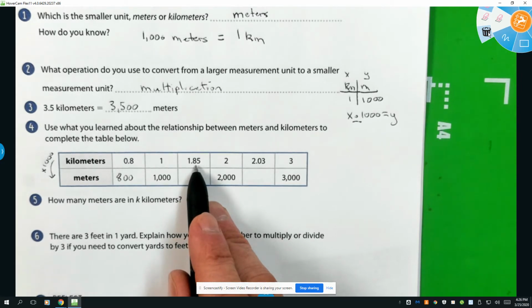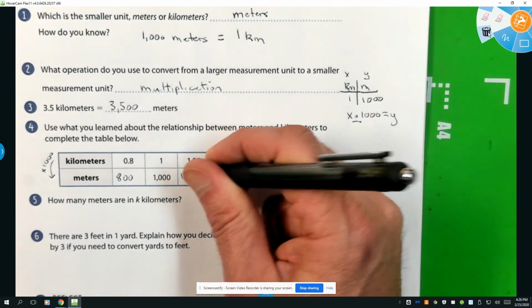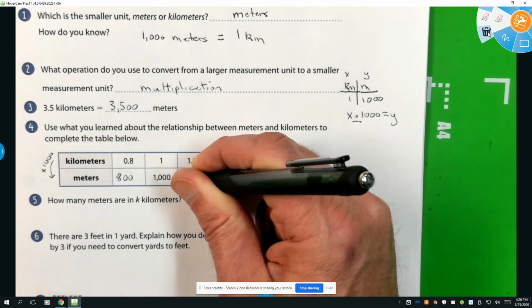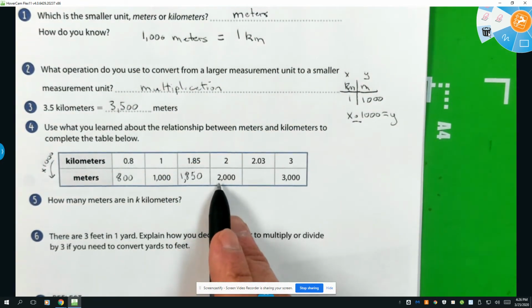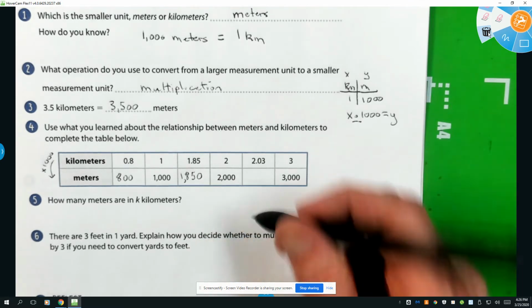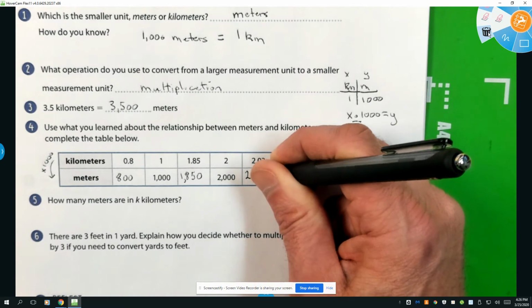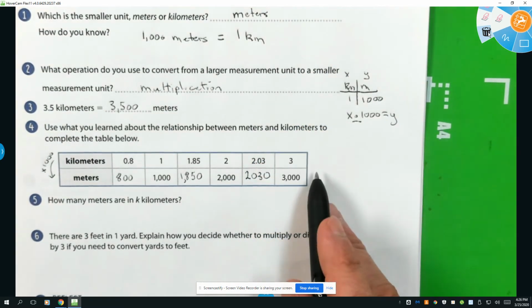How much is that? Okay, pause if you need to. Most of you probably wrote the 185, and now you're just going to move the decimal to 1,850. 2 goes to 2,000. 2 and 3 hundredths. Pause if you need to. 2,030. And 3 with 3,000.